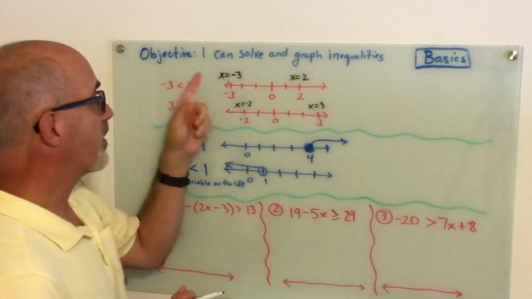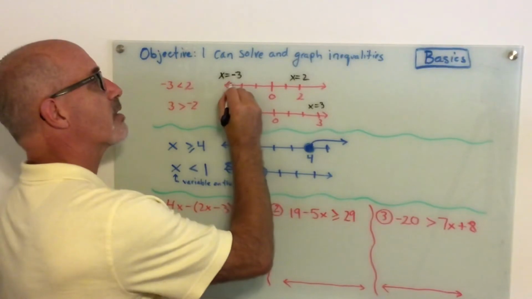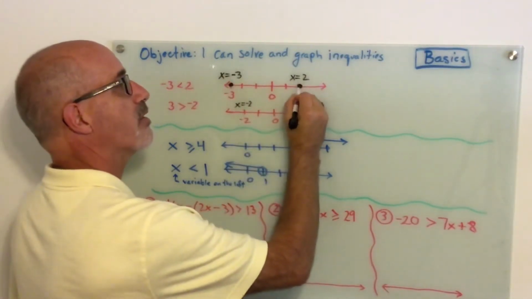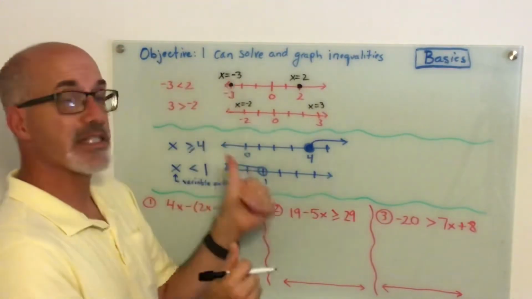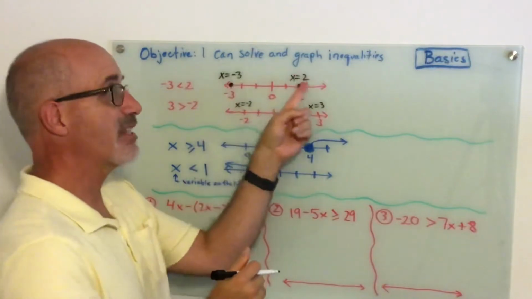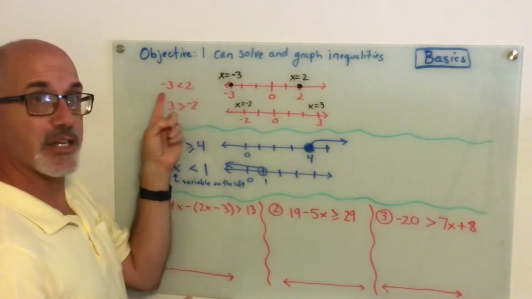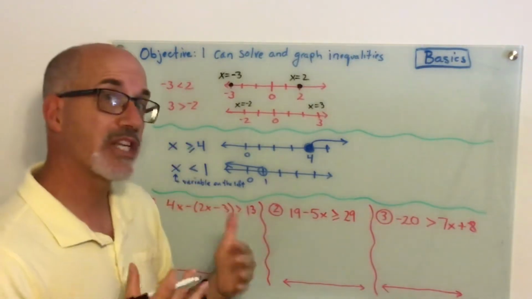If we have the numbers -3 and 2, x equals -3 is a solid dot on -3, and x equals 2 is a solid dot on 2. Now, I notice that -3 is to the left, so it's less than 2. Now, if I multiply both sides here by a negative, it reverses the inequality relationship.